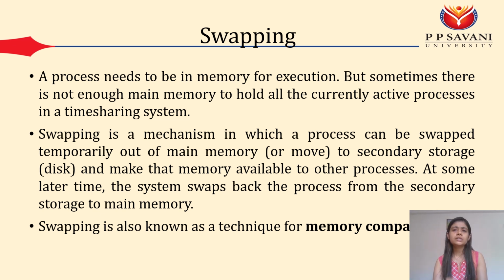So for some temporary amount of time, whatever process is currently loaded into main memory is swapped out from main memory to secondary memory to utilize main memory sufficiently. Lower priority processes present in main memory are swapped out to secondary memory, and instead of them, the higher priority process takes place in main memory and then goes into execution. This logic is very important for multiprogramming in the operating system.